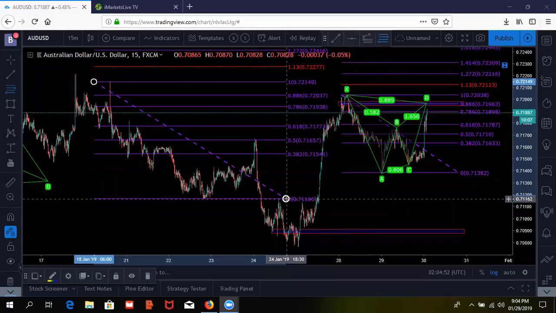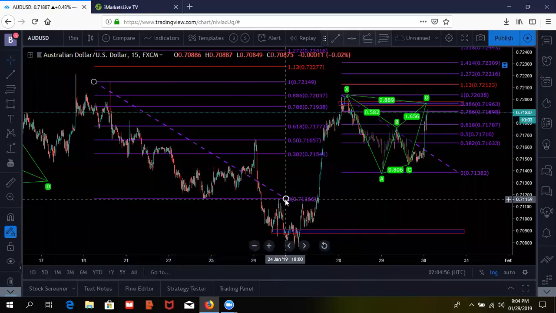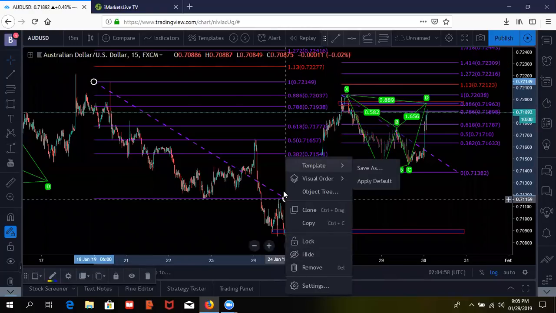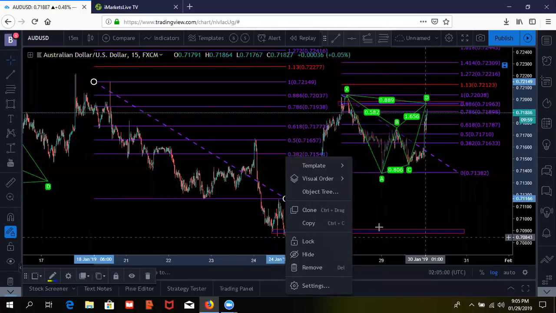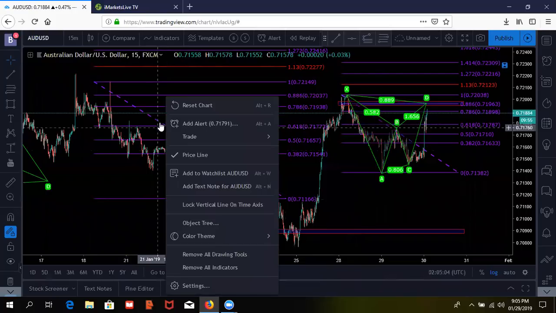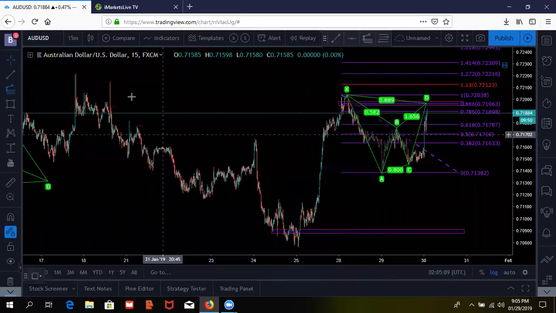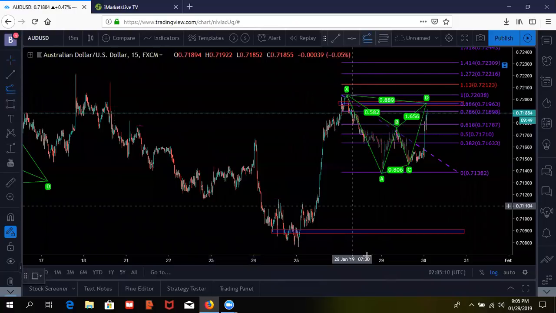And now what I want to do is go ahead and delete this and grab my Fibonacci extension tool. And what I'm about to do is label this out one more time for you.